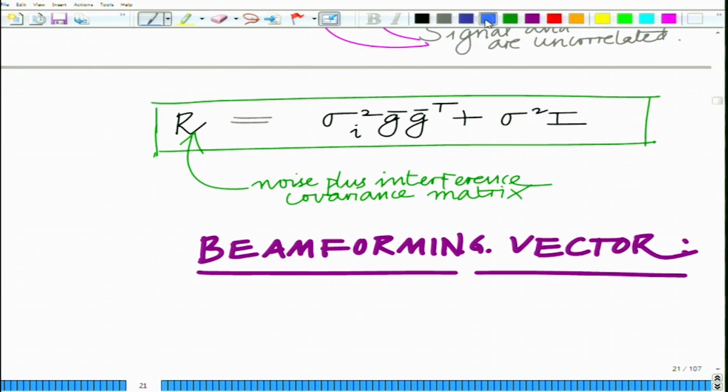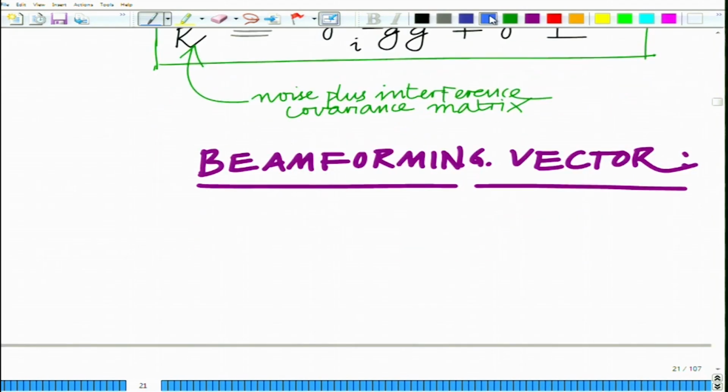Well, let us say W bar is the beamforming vector. Okay. W bar transpose Y bar, you are doing beamforming. Remember, this is also known as electronic steering, that is, you are simply linearly combining the samples of the received signal. It is a weighted linear combination of the samples of the received signal, that is W bar transpose Y bar. W bar is the beamforming vector.